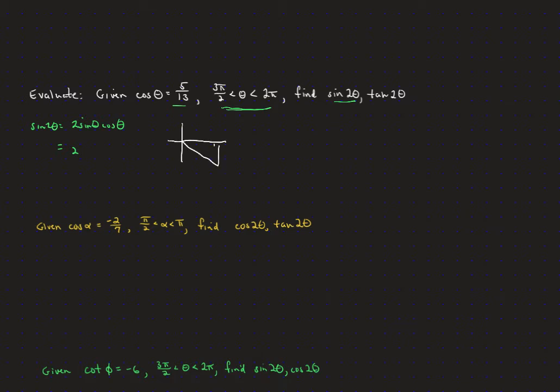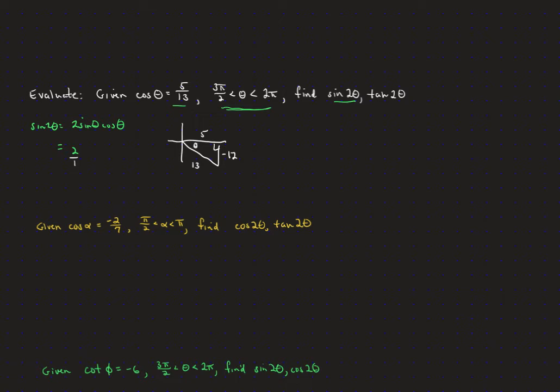We were told our reference angle is going to be in quadrant 4. The cosine we were told is 5/13, which is adjacent over hypotenuse. We can do a Pythagorean theorem or recognize this is a Pythagorean triple. And because we're in quadrant 4, that'll have to be a negative 12.